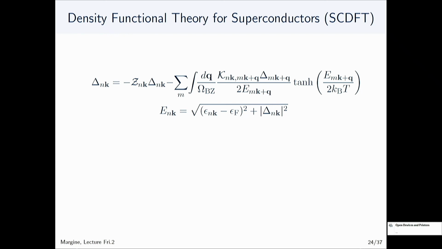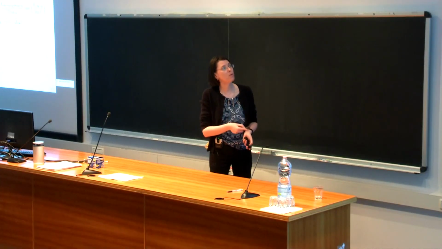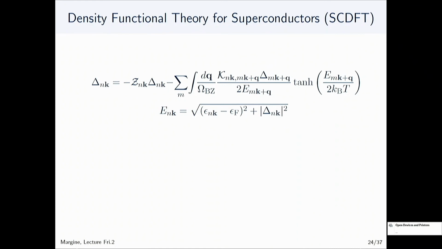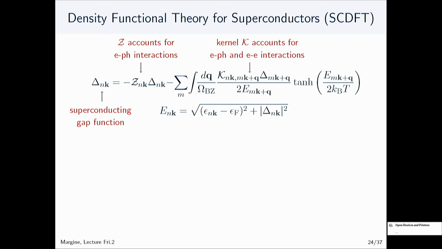Formally, if you go back to the beginning of my talk, this looks very close to the BCS gap equation. You can see that here we have just an extra term that did not appear in the BCS gap, but this delta is again the superconducting gap function. Z is similar to the mass renormalization function that we have in the Migdal-Eliashberg theory, and it accounts for electron-phonon interaction, while this kernel K accounts for both electron-phonon and electron-electron interaction.